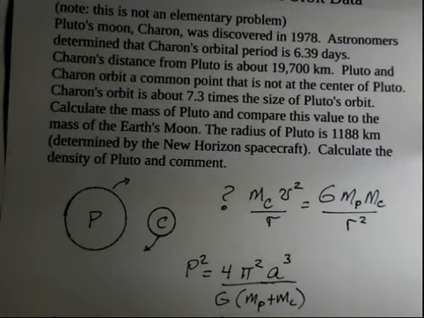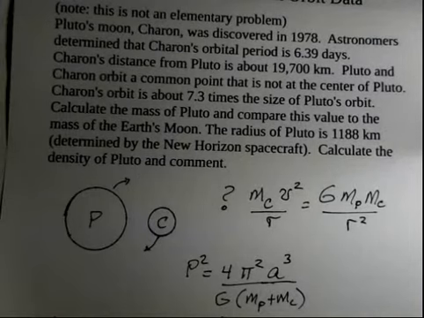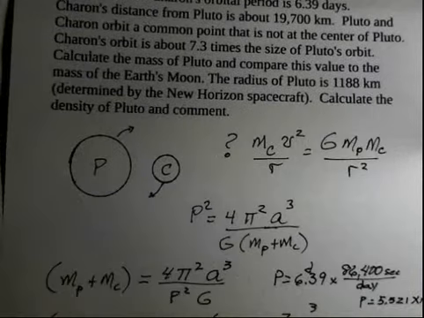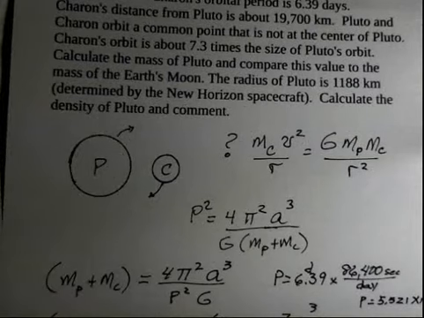So we use this revised Kepler's third law to come up with our answer. And we have the numbers. My first step is just to solve algebraically for the sum of the masses. Notice this is not just the mass of Pluto. There's going to be another step later to find the mass of Pluto, but we're finding the combined mass here.